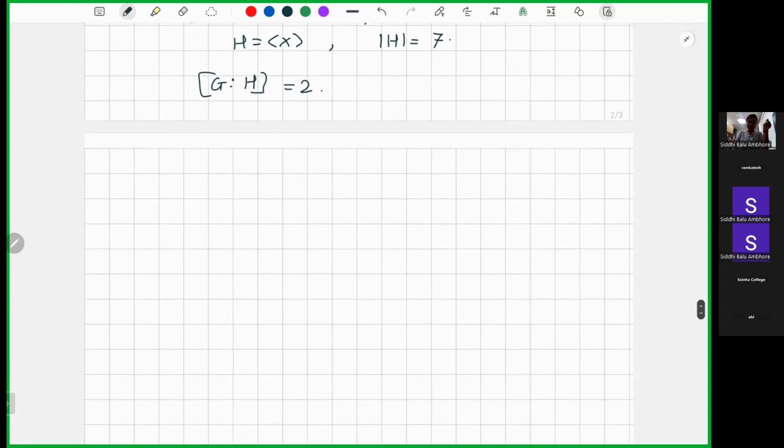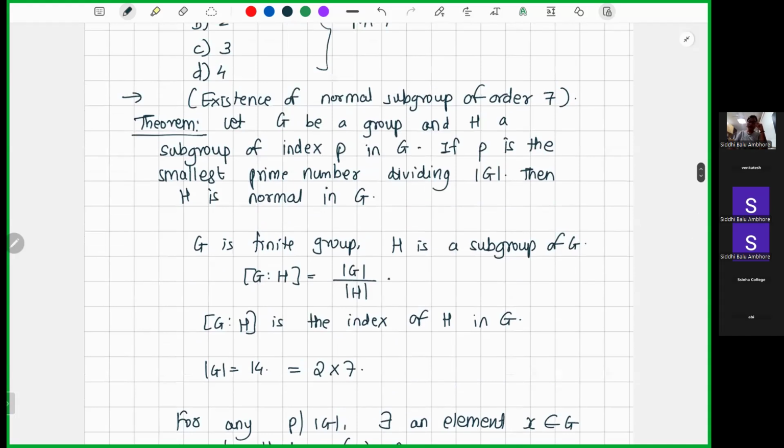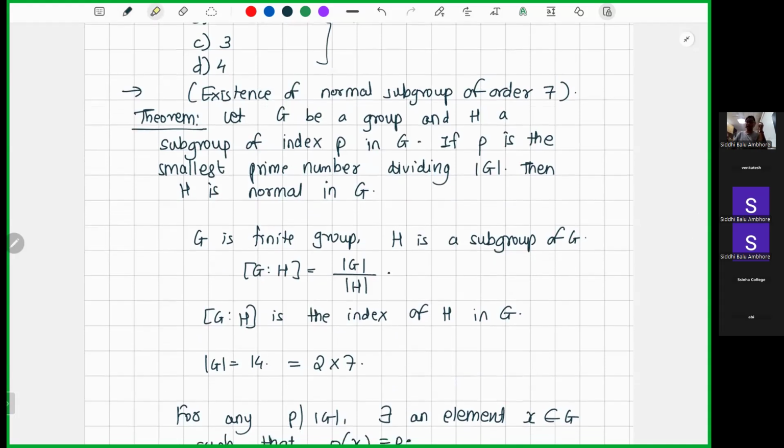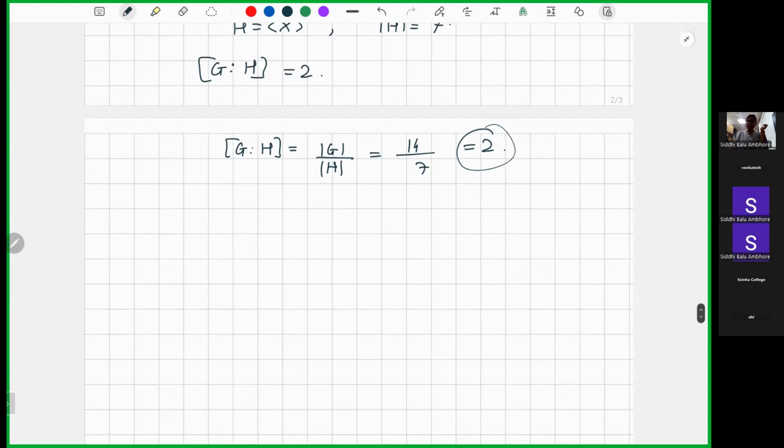Because the index is 14 divided by 7 here. Okay, so it is 2. And what this theorem states is that if p is the smallest prime number dividing the order of G, then H is normal in G.